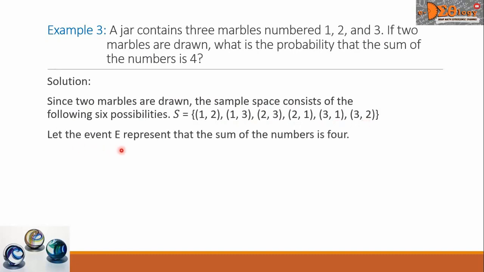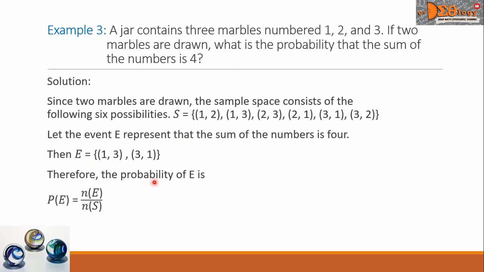Let the event E represent that the sum of the numbers is 4. Then, out of the sample space, E equals (1,3) and (3,1).